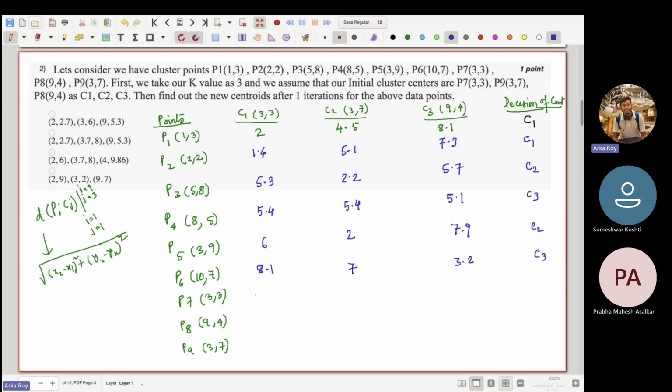Then we have P7, which is 0, 4, and 6.1. Obviously, because we are calculating the distance from P7 to P7 itself, the value is 0, because our initial centroid C1 is P7. Therefore, the decision would be in favor of cluster 1.